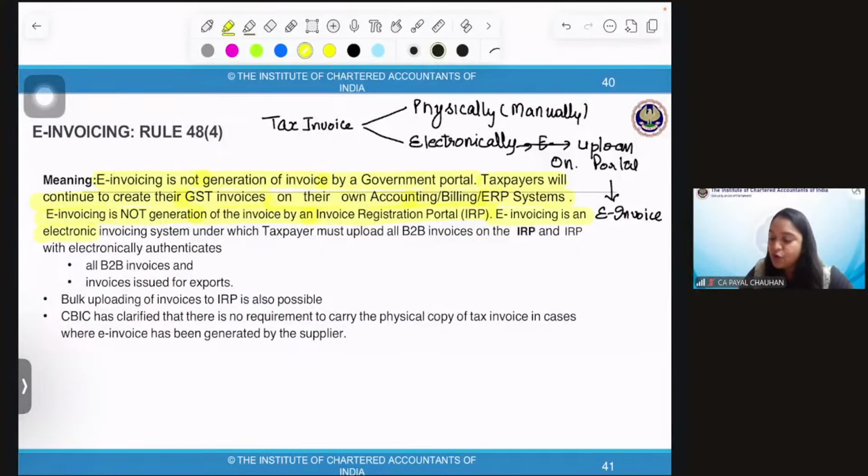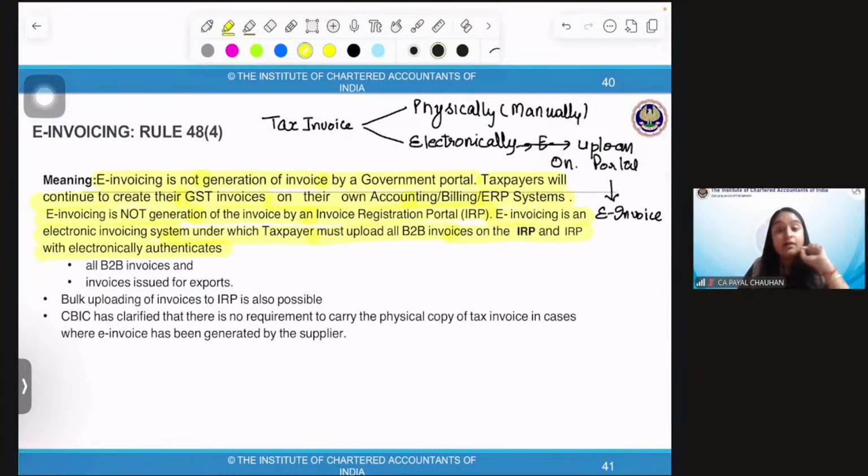E-invoicing is an electronic invoicing system under which the taxpayer must upload all B2B invoices on the IRP, and the IRP will electronically authenticate. Under e-invoice, I'll make an invoice the way I make it, but if the transaction is B2B in nature, I'll upload the data on the IRP portal. They'll authenticate and then return me the invoice.